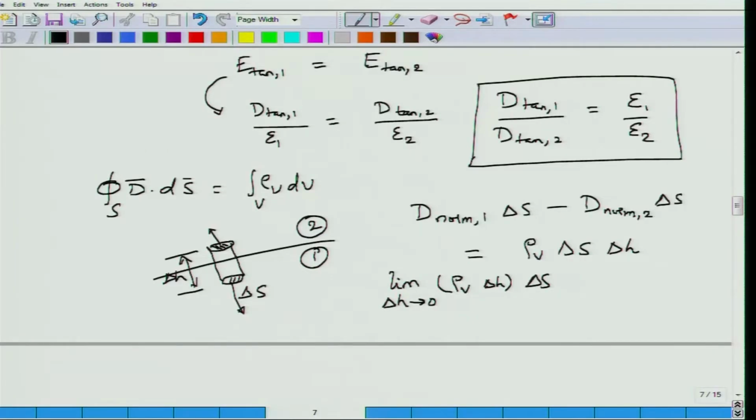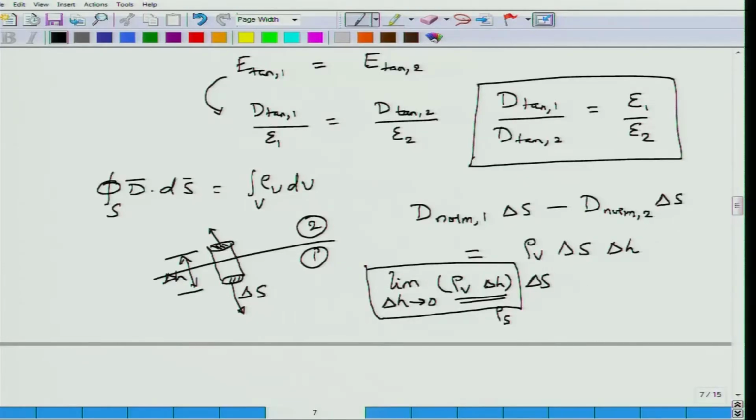As the box height shrinks, delta H goes to 0, but the volume charge density must go to infinity. So rho v goes to infinity and delta H goes to 0. When you multiply a large quantity by a small quantity, you end up with a finite quantity, and that is nothing but rho s. Rho s, the surface charge density, is the limit of rho v as the box height shrinks.